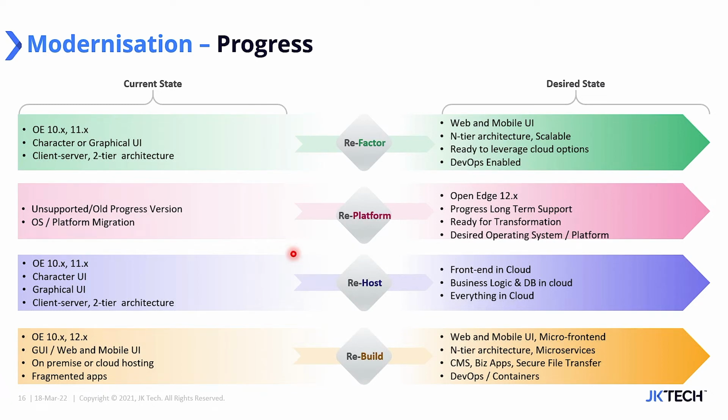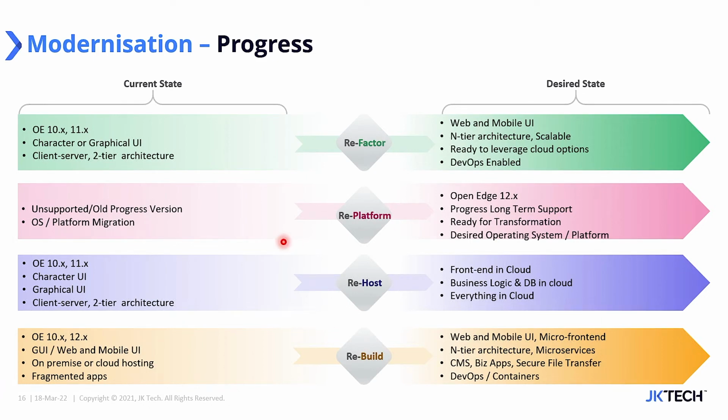The first thing is, if you're refactoring a character user interface or graphical user interface application, or a client-server or 2-tier architecture application, we want to go to a modern platform, which is web and mobile UI, with an architecture that is much more scalable compared to those 2-tier architectures. At the end of the refactoring exercise, these applications are ready to leverage cloud options, and become much more DevOps enabled and scalable in nature. So that's one of the key factors.